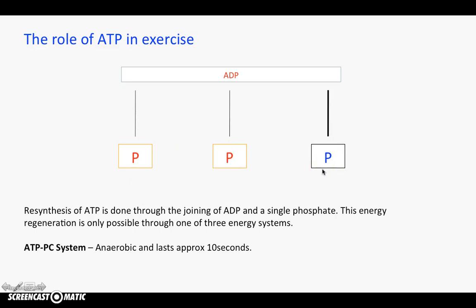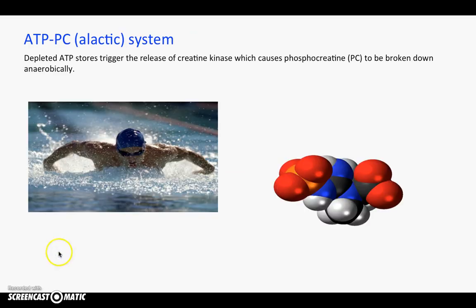However, what we need to know is how that happens, and this happens through the ATP-PC system, which we're going to go through now. So once ATP stores are depleted, this triggers the release of creatine kinase, which causes phosphocreatine to be broken down anaerobically. Now realise that right now is probably over your head and doesn't mean much, but hopefully the next thing we do is going to make that all apparent for you, okay?